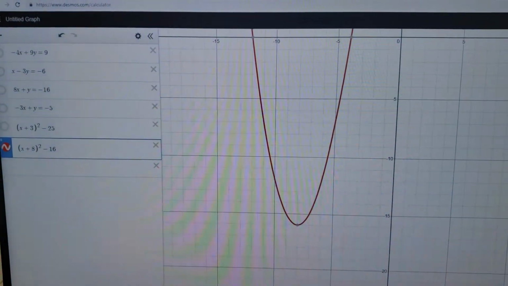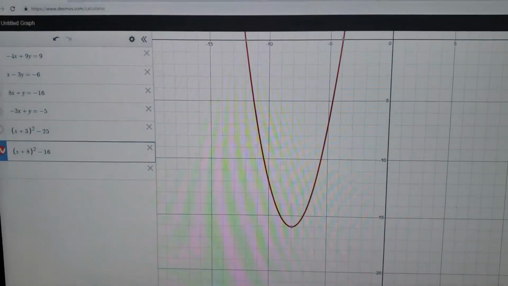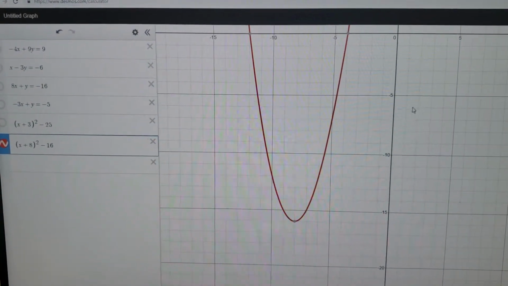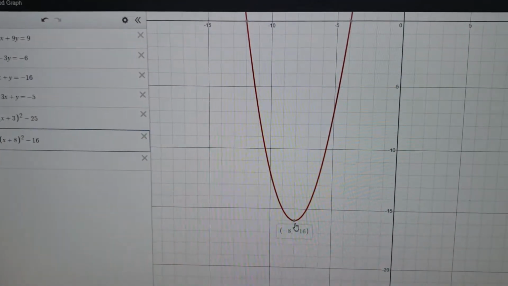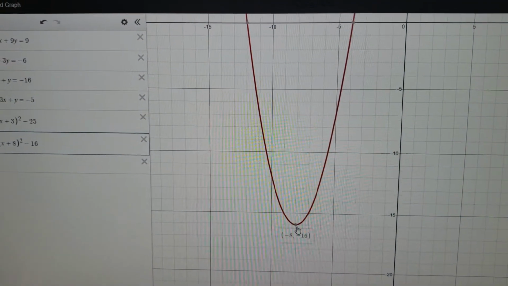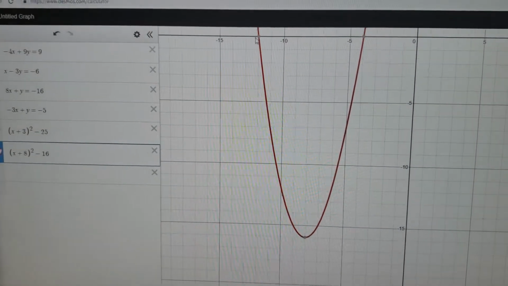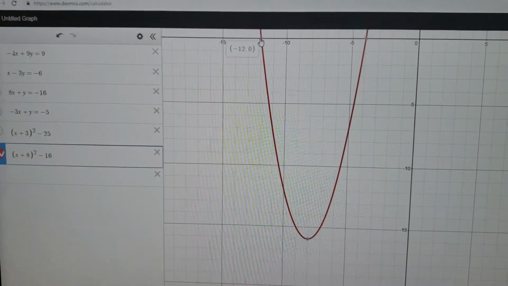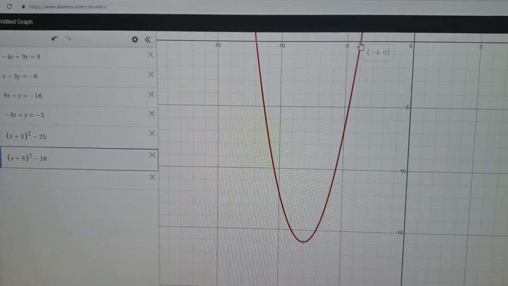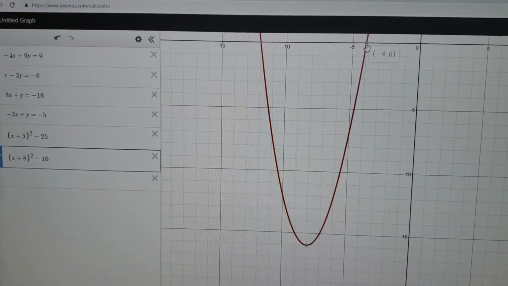So if we look at the graph of that function, we said our vertex was at (-8, -16), and if we look down here, that's our vertex, and we said our two zeros are at -12, which is right there, and -4, which is right there.